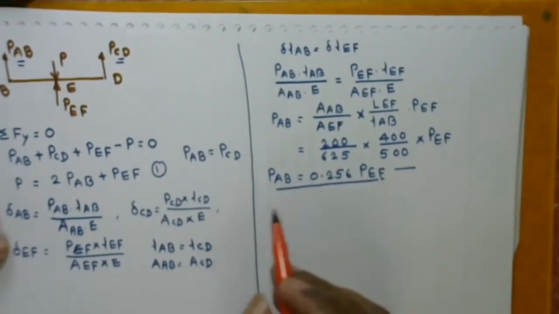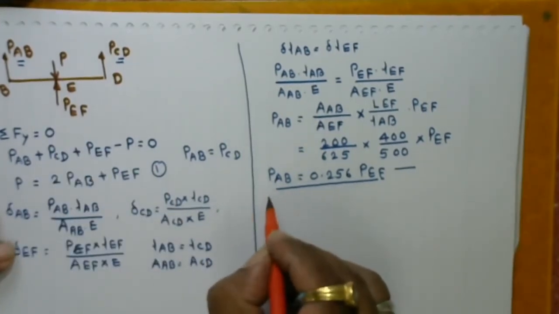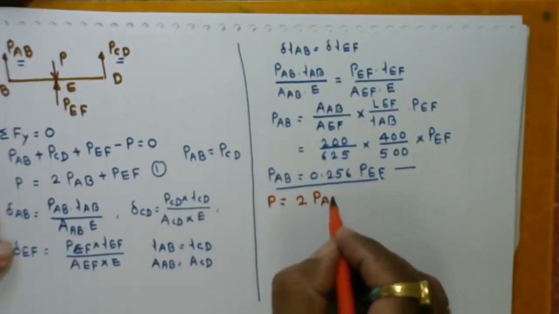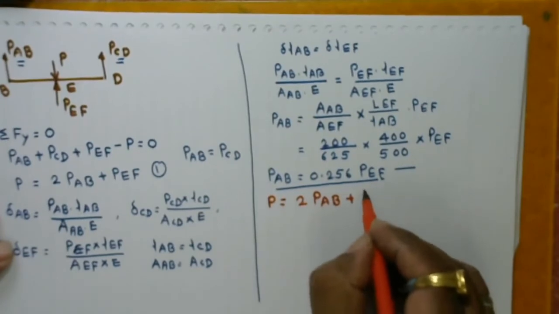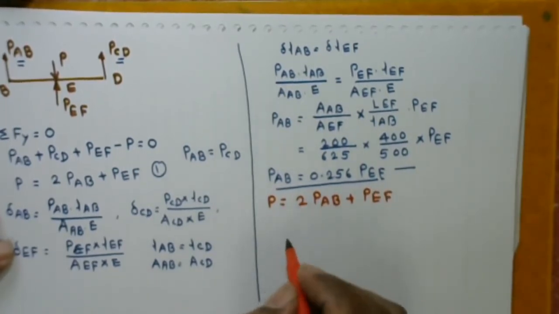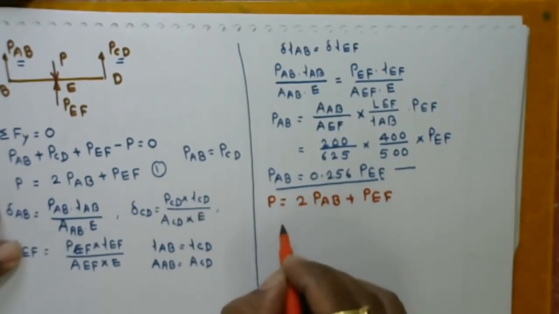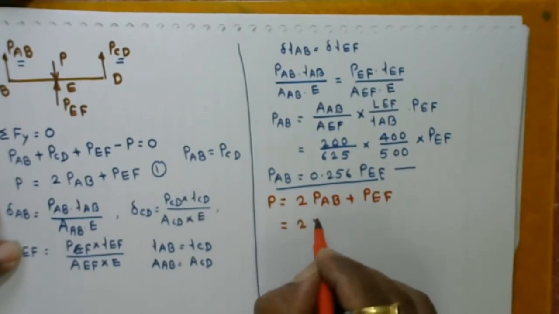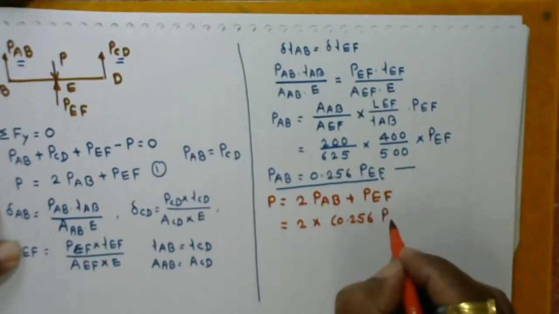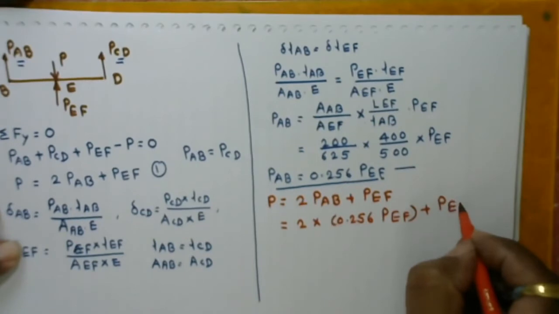Now P is equal to, we may write the equation, twice PAB plus PEF. So we may put this value here. Two into 0.256 PEF plus PEF.